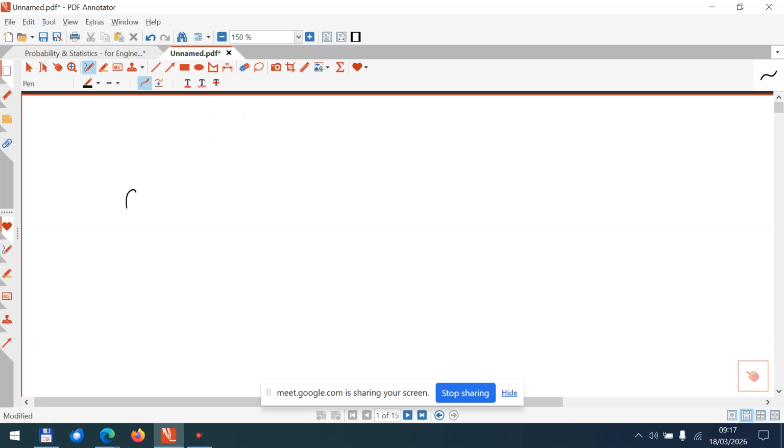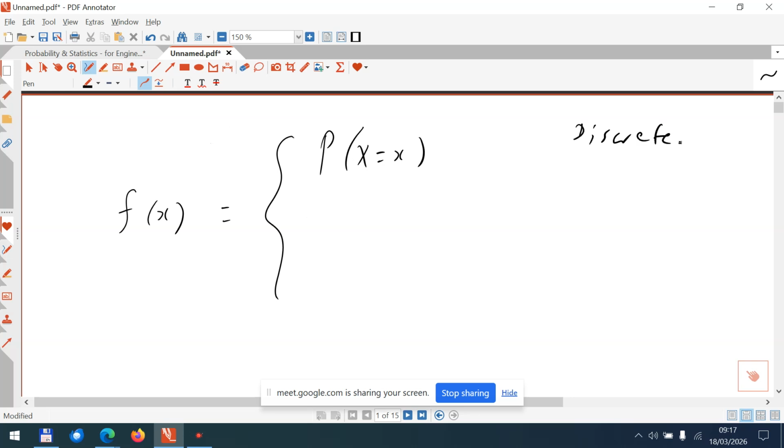I will simply say that the distribution is always P of X equals x for discrete random variables, and for continuous X, instead of this, I will say X is nearly equal to x to keep it simple.